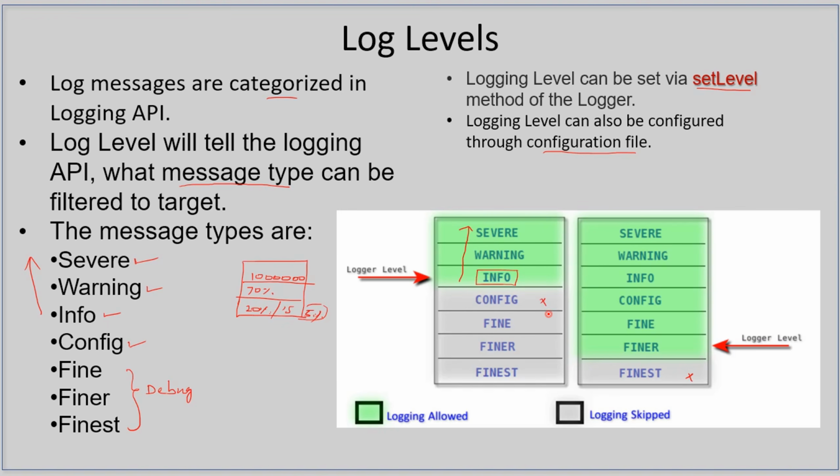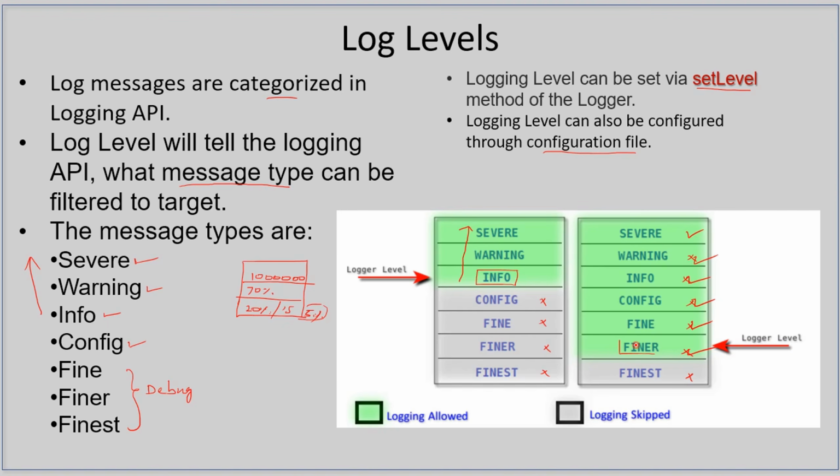Like in the previous example, when the log level is at info, it won't log config, fine, finer, and finest. Similarly, when the logger level is set at finer, then the lower-level categories are logged. I have to place a tick mark here. So all these messages will get logged, and the only message that won't get logged is finest.